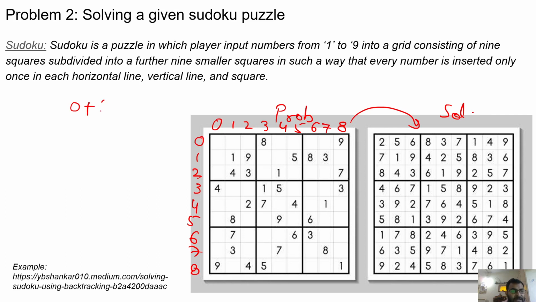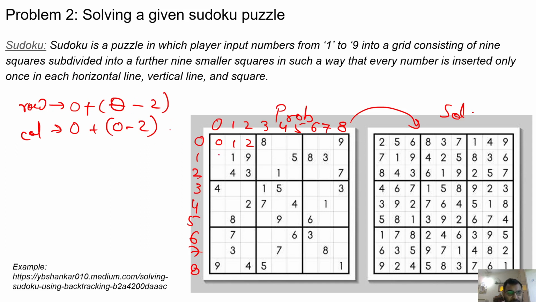For the row, we'll be iterating from 0 to 2, and for the column also we will be iterating from 0 to 2. So if we do that, we'll get all the elements. Like this is 0, this is 1, this is 2, and this is 1, this is 2. So this is how we have the row and column structure.